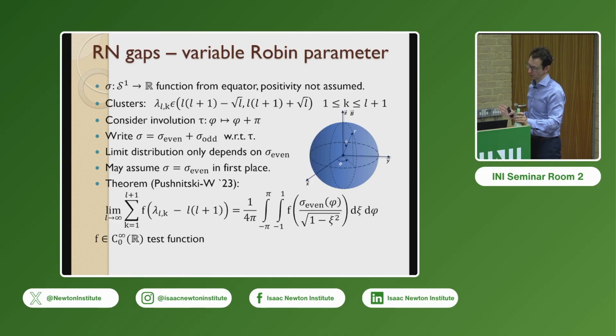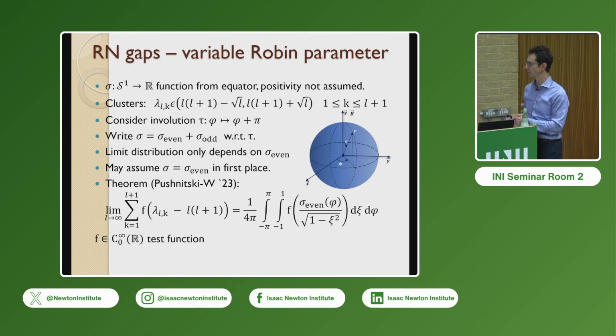I'm going to state it in the beginning with a test function, but in fact we're going to derive a limit distribution by change of variable. You need to divide by L plus 1? Yes, you're right, thank you, sorry.